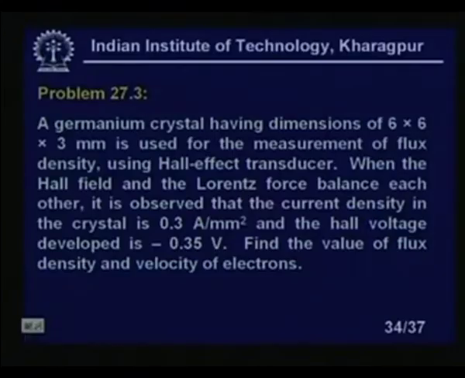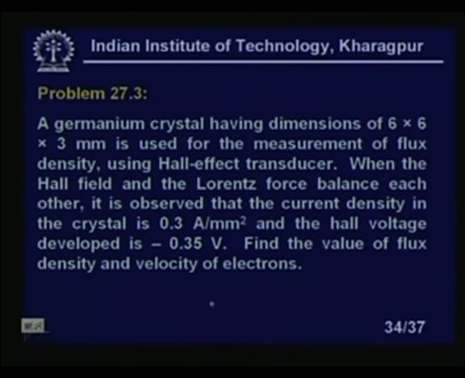That means I have applied some voltage, which is the reason that current is flowing. If I apply a magnetic field here, you will find that across these two surfaces a potential will be developed. That is what we call the Hall coefficient, right. Let us look at that problem again.